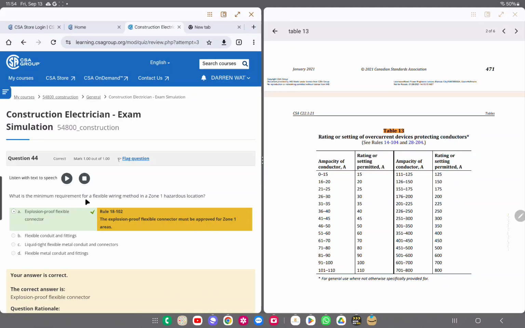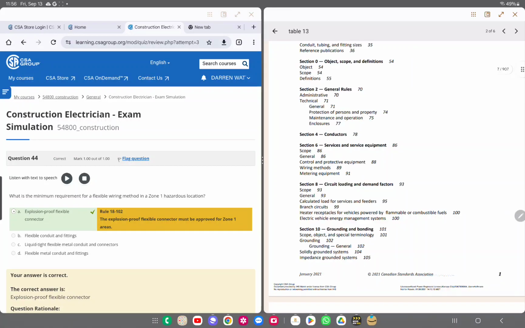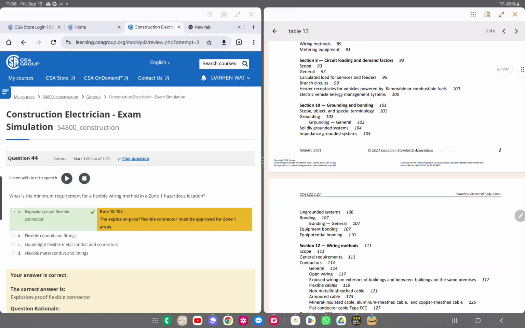What is the minimum requirement for a flexible wiring method in a zone 1 hazardous location? So this would bring us to section 18. Using the table of contents, as soon as we hear zone 1 hazardous locations, we're looking at 18.